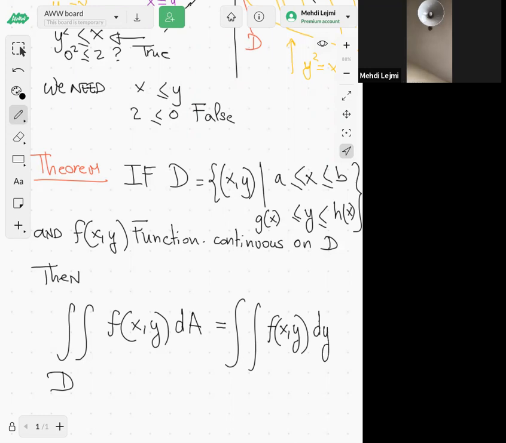So y is between g of x and h of x, and x is between a and b.